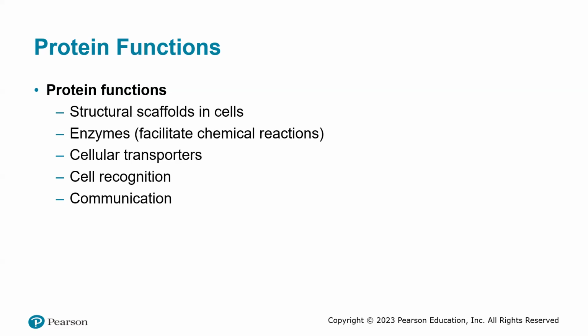There are cellular transporters that move things throughout the cell. There are proteins that recognize different cell signals or different types of cells. There are proteins that are used for movement, such as flagellin and pillin, which make these external structures. And there are proteins used for communicating back and forth between microbes.